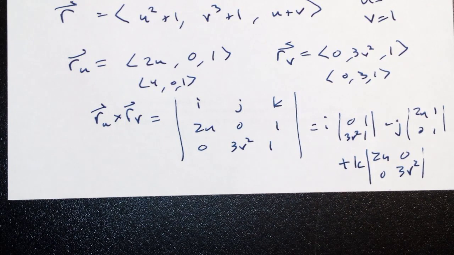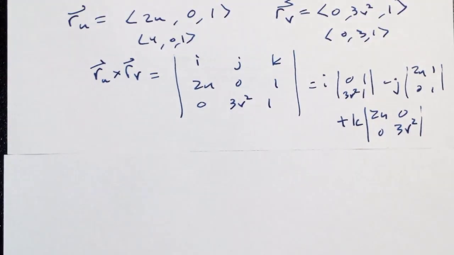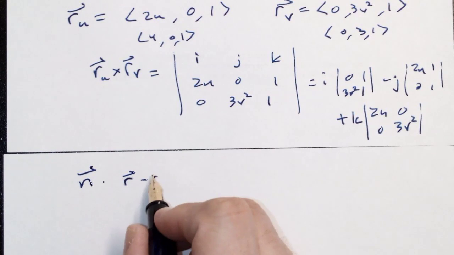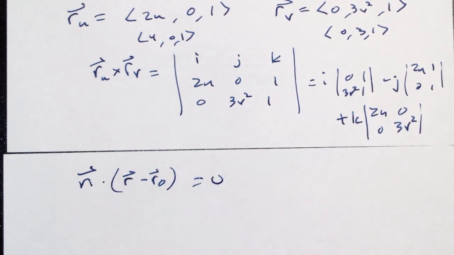Because I was asked to find this at a specific point, I find it easier to plug in the point first. So then the answer you get, that's the normal vector. So that means that's the normal vector for my plane. That's the ABC. And then the equation of a plane is n dot (r minus r naught) equals 0.